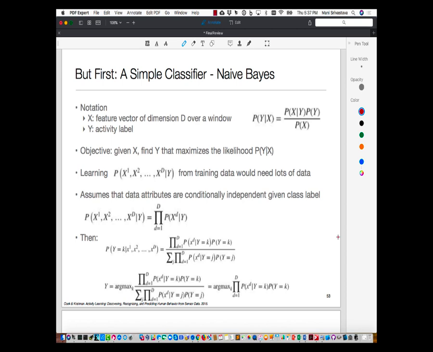Let's take an example. Let's say my features included temperature, month of the year, motion events in the kitchen, or whatever, occupancy in the house. And I'm trying to predict energy consumption of that house.